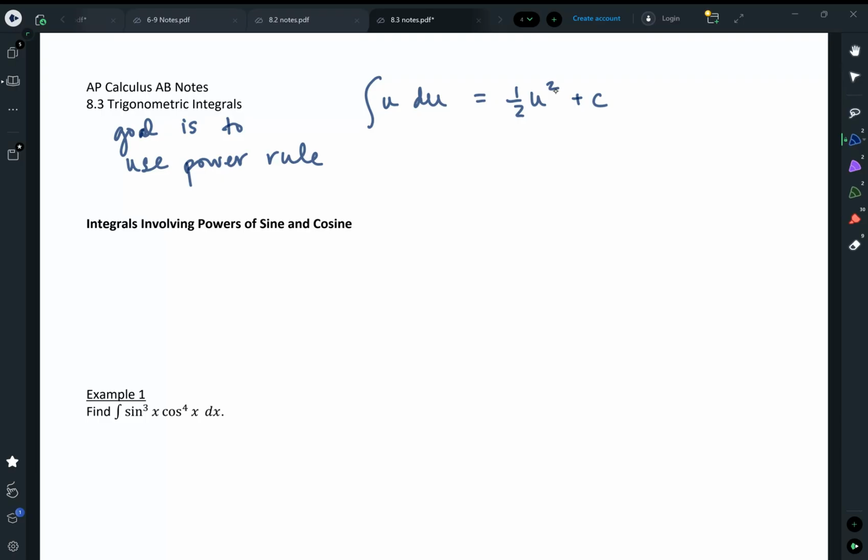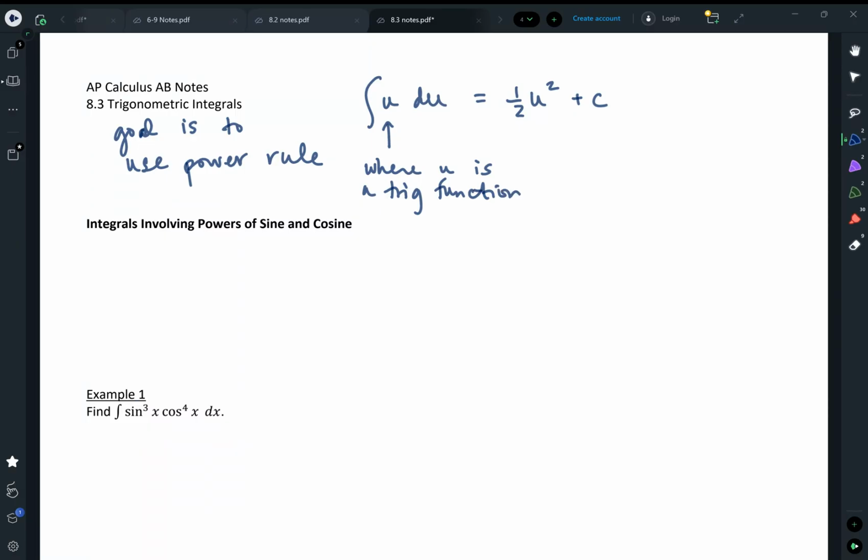So we increased our exponent divided by the new exponent, but instead u is going to be some kind of trig function. But we could be integrating u squared, or we could be integrating u to the third power, right? So our goal is to use power rule.